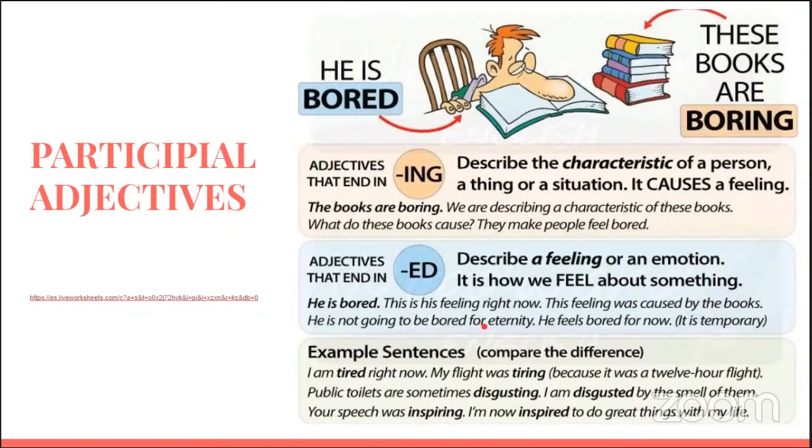He feels bored now, but not all of the time, right? So it's just a feeling that is temporary. And well, here we have some examples. I am tired right now. My flight was tiring. Because it was a 12-hour flight, that's why I am tired.